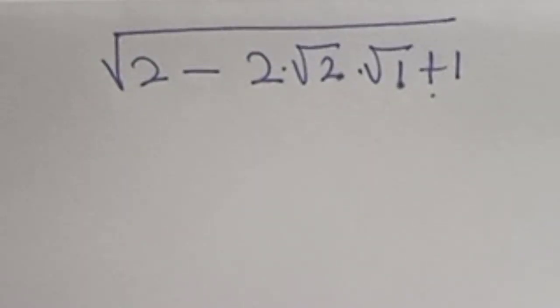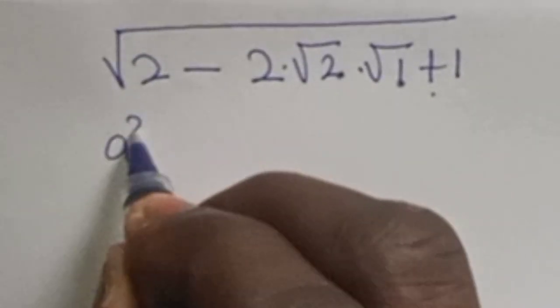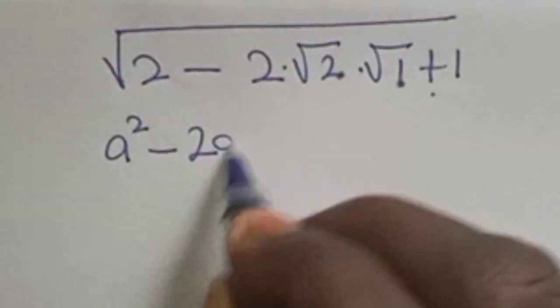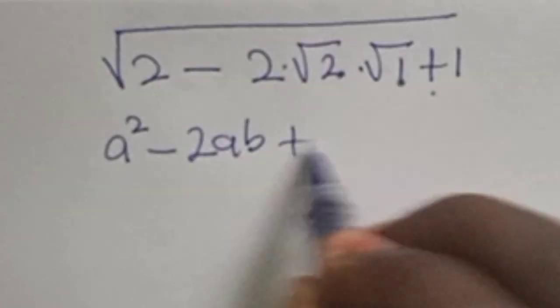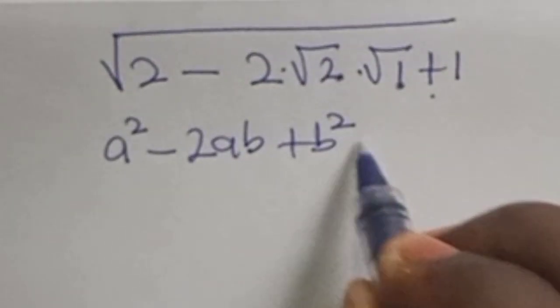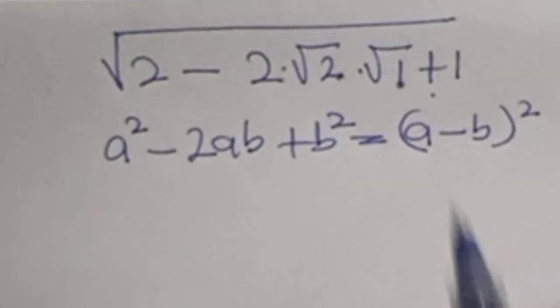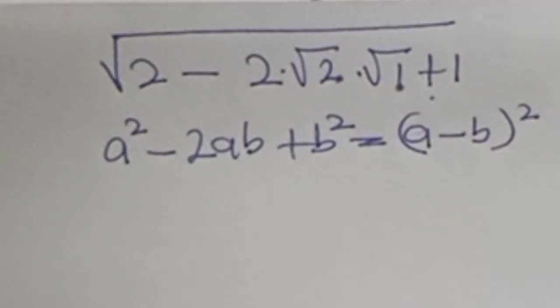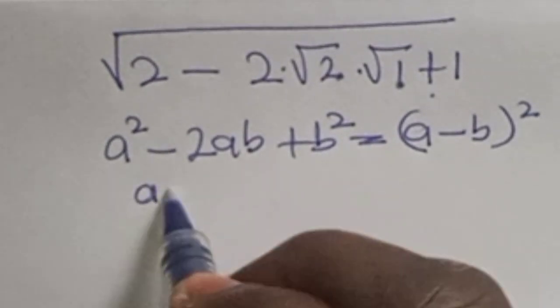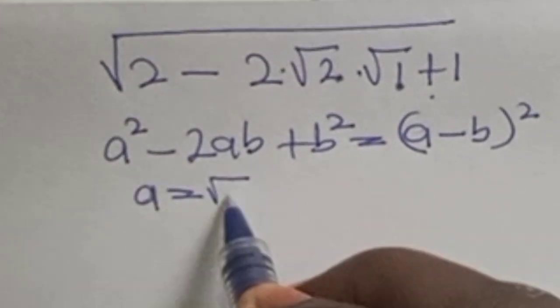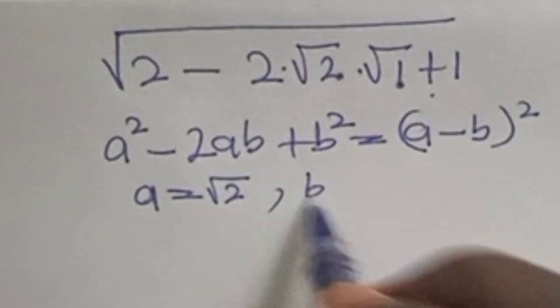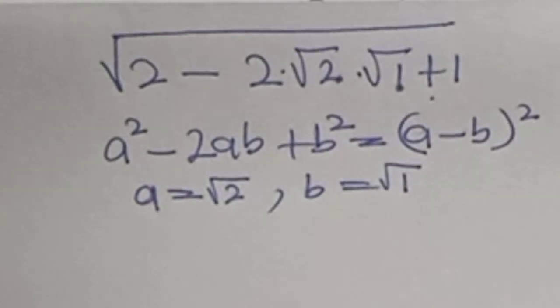we can consider a squared minus 2ab plus b squared to be equal to a minus b all squared. This is the difference of two squares, where a should be square root of 2 and b square root of 1.